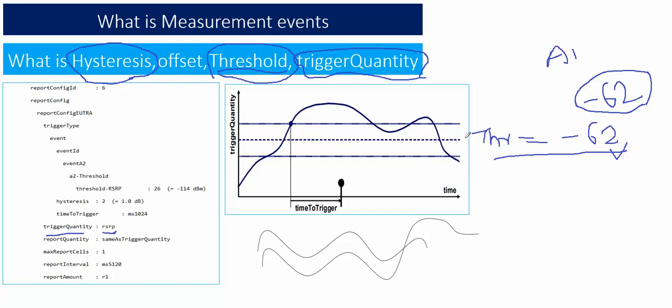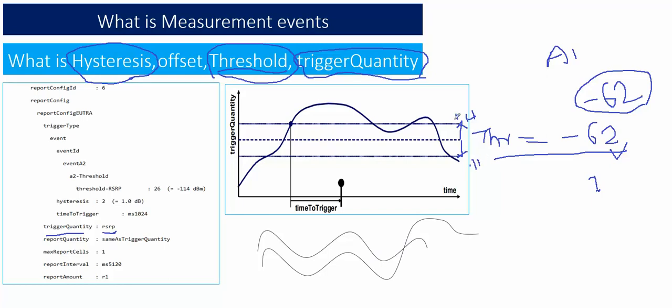What is hysteresis? Suppose minus 62 is the threshold, and we set hysteresis of 1 dB. It means an upper level of plus 1 and a lower level of minus 1 around the threshold. This is the hysteresis: threshold plus hysteresis and threshold minus hysteresis.